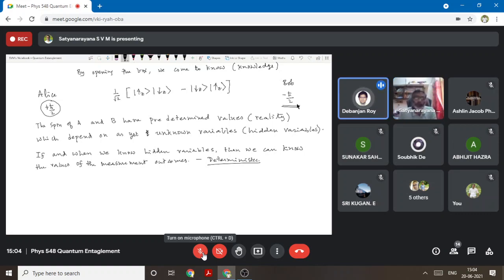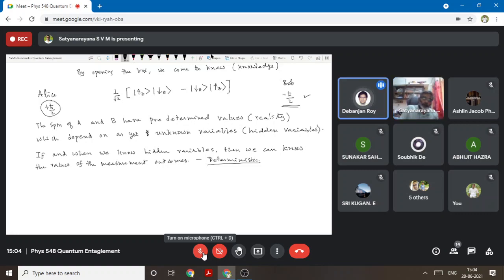Even if I tell you 100 times what this result is, and every time you get the same result, that means I know this result. So I am able to create a reality at Bob's place by making a measurement at Alice's place. That means I'm not creating a reality at Bob's place.